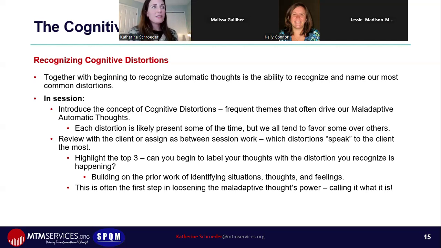One of the things I love that I find so effective about brief CBT is just getting into, again, the identification of those maladaptive thinking patterns and then calling it what it is, naming the cognitive distortions that were happening starts to loosen the power of the thought really quickly for most people, because that's when they start to go, oh, you mean that thought has a name? And that name for that thought is a distorted way of thinking.